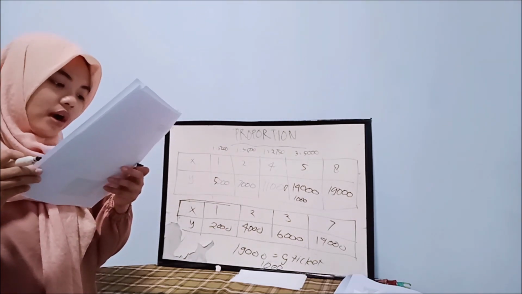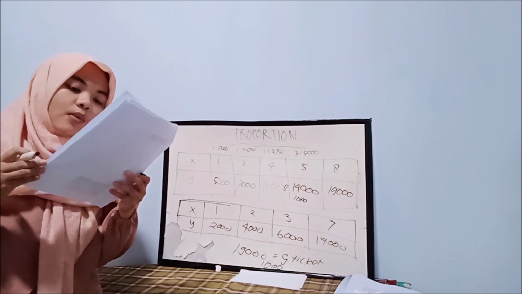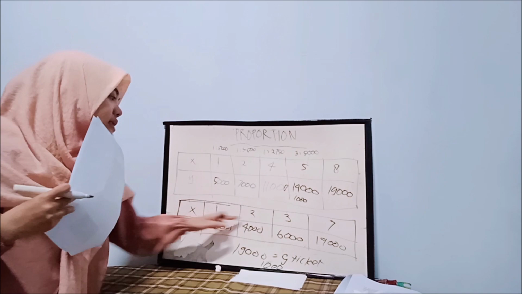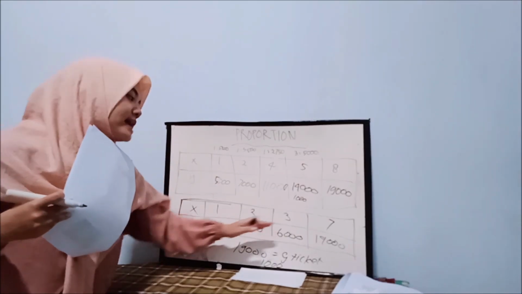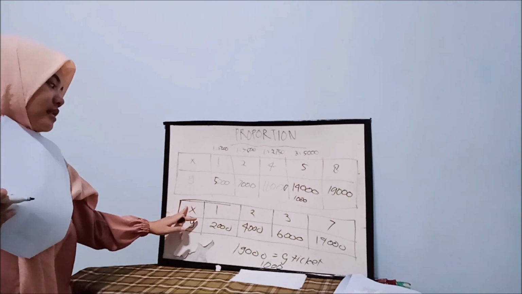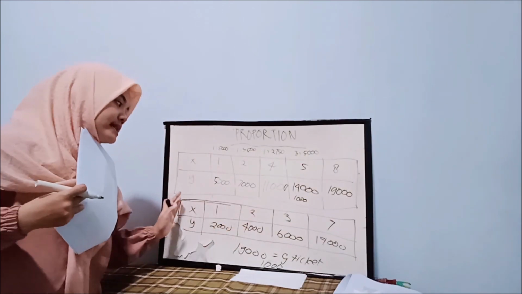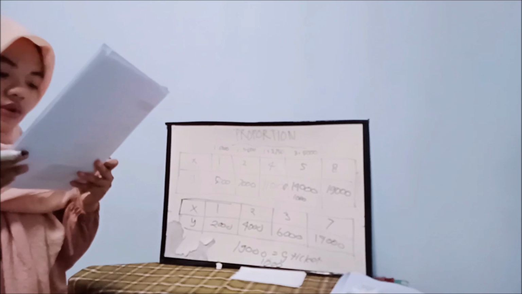And if Andi bought more tickets, what about the cost he incurred? If the total of the tickets is increased, the price will also increase. If the tickets that Andi has are decreased, the cost will also decrease.